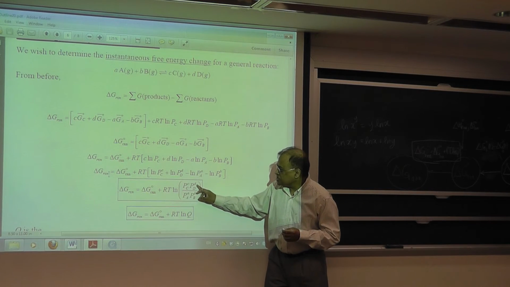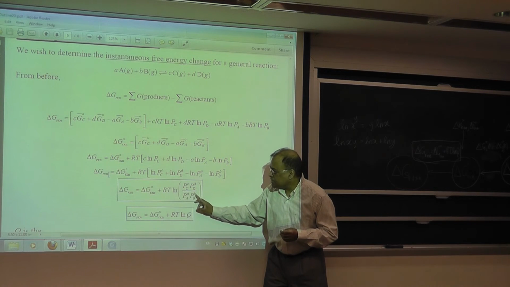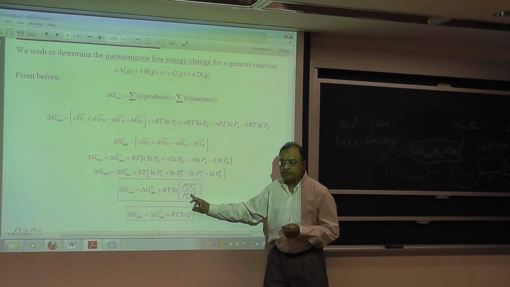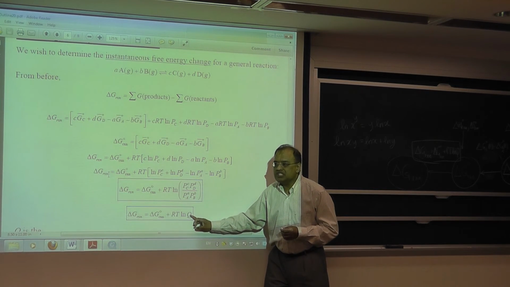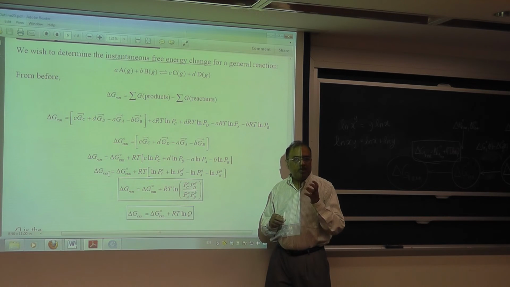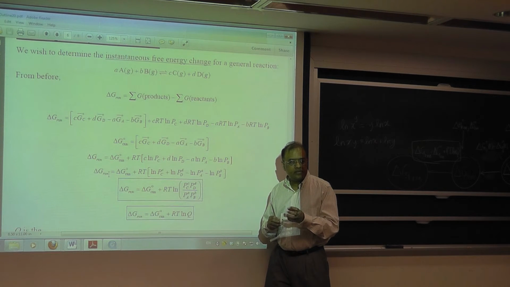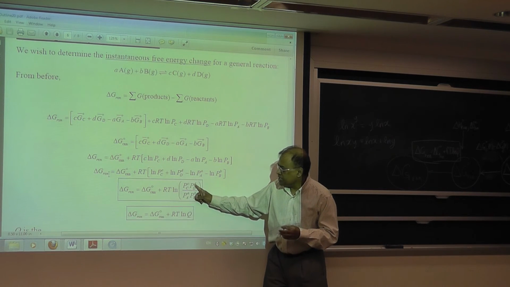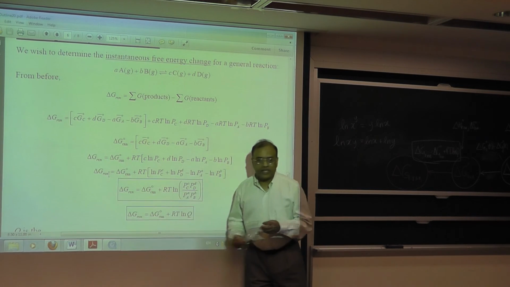This is the partial pressure of the products divided by the partial pressure of the reactants. And that quantity we define as the reaction quotient Q. So if we know the partial pressures of the reactants and products at a given time, so we know all of these quantities, and if we know what delta G naught reaction is, then we can calculate delta G reaction.